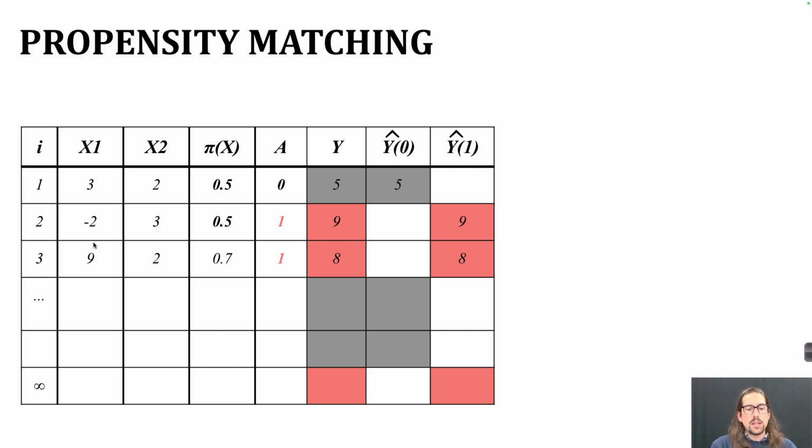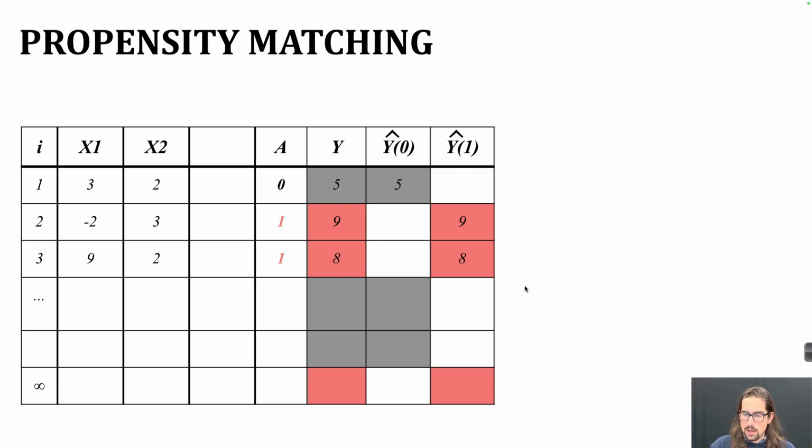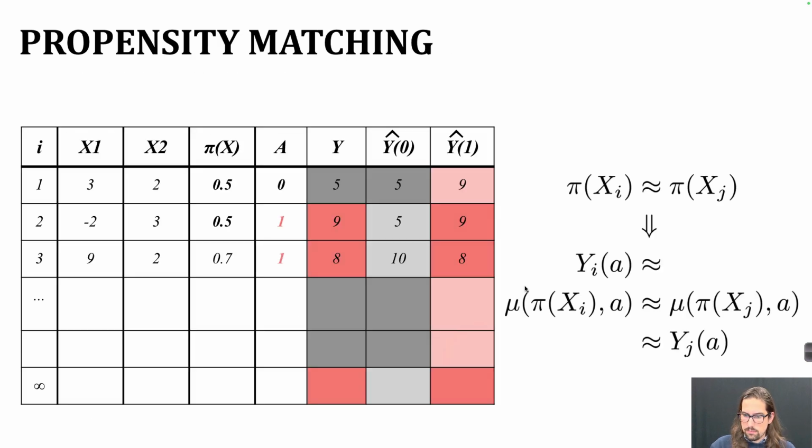However, if I tell you this function of the covariates is 0.5 for both of these people, and for this person it's 0.7, then I can match these two people together. Because if the propensity scores are the same, then this conditional mean, and I'm abusing notation a little bit, here mu is this conditional expectation, y given pi of x and a.